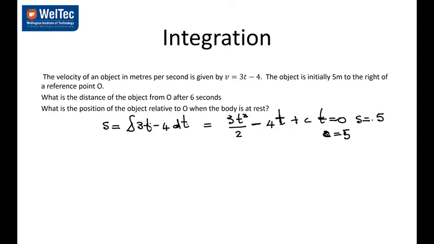So we now have a distance function that says 3t squared over 2 minus 4t plus 5, and we're just going to put 6 into there. So sub in 6 and we get 35 meters.